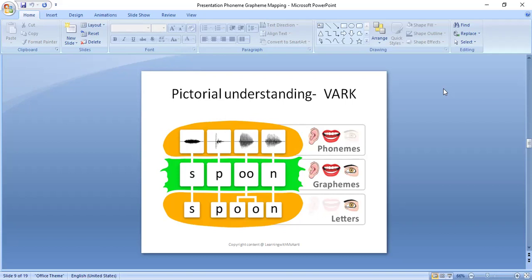Here I can hear the phonemes, and I can speak those phonemes after hearing, because I cannot see any letters in these blocks. I can only hear. Auditory learning is there.